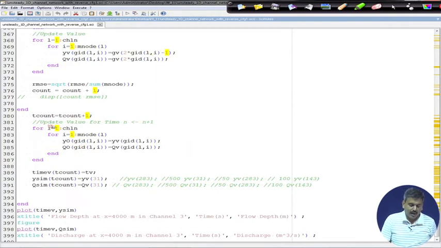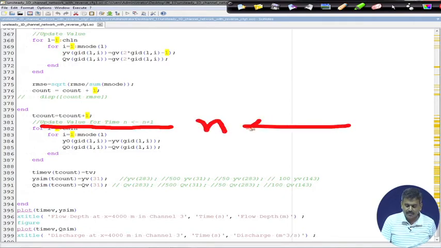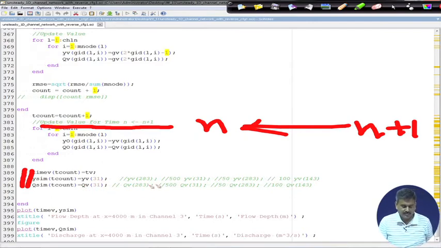So, update the value for time n, which is again specifying the value n plus 1 to the nth level, and I have stored this value, which is yv at 31, which is equivalent to x equal to 4000, and I can utilize this value for plotting, so that I can get the desired plot.